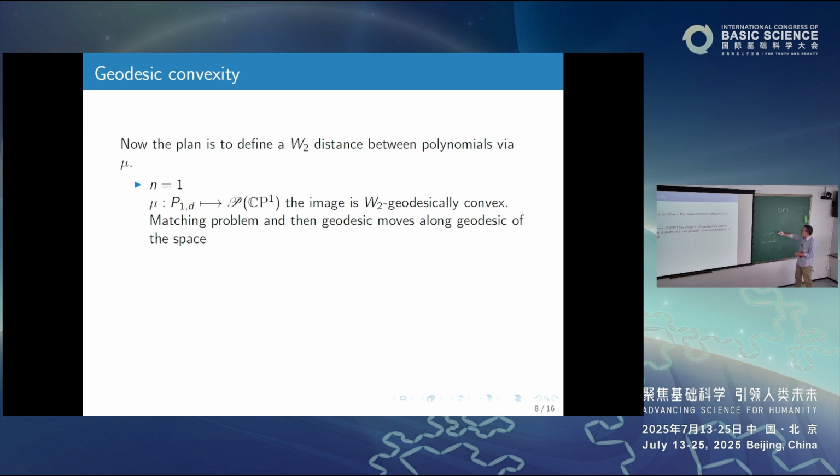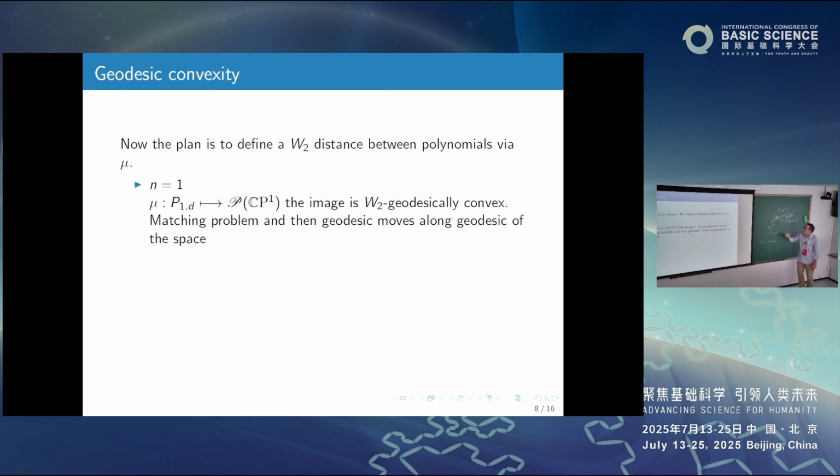We have devised a map mu, an embedding of P and D inside. So this will be mu of P and D. Now our point is that we want to define a reasonable distance of deformation of our polynomial from here to here. So let's say that this one is mu of P0, and here you have mu of P1.